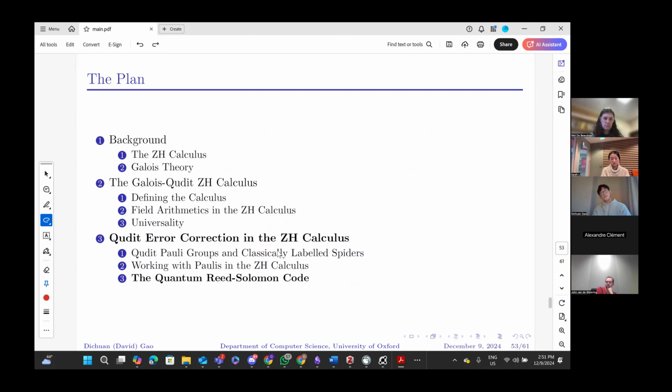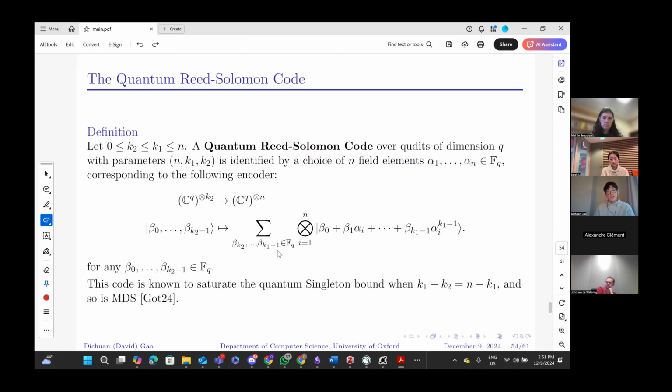We can construct with the ZH calculus the quantum Reed-Solomon code. I won't go into too much detail with this, but the Reed-Solomon code is essentially a CSS code constructed from a classical code which acts on your logical bits by interpreting them as the coefficients of a polynomial.